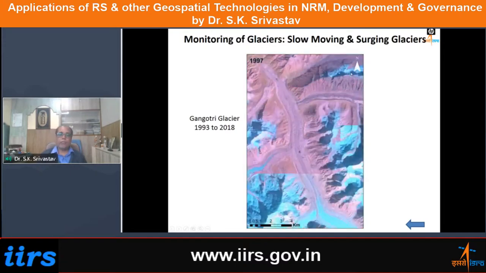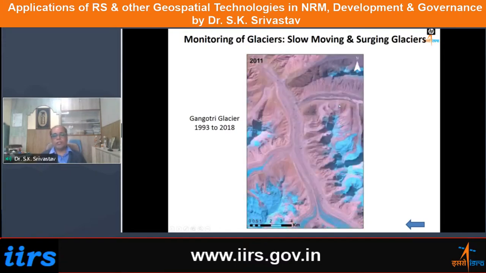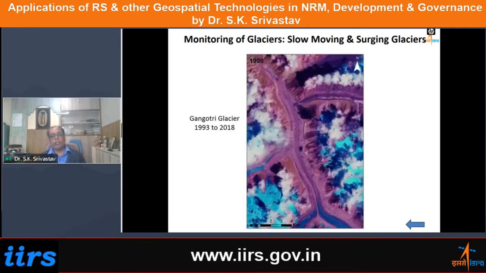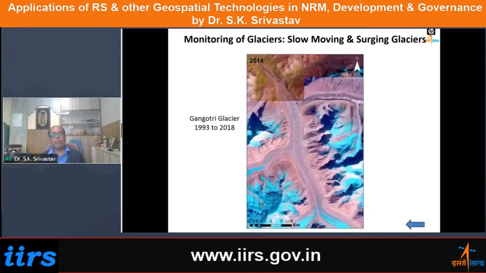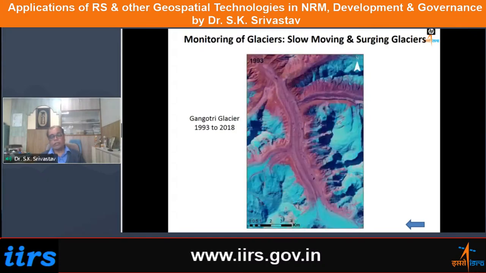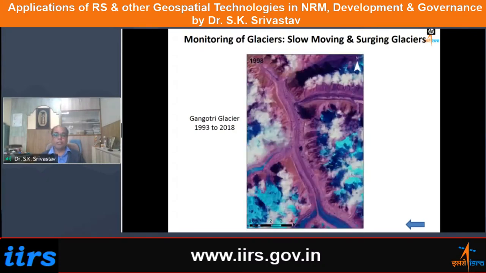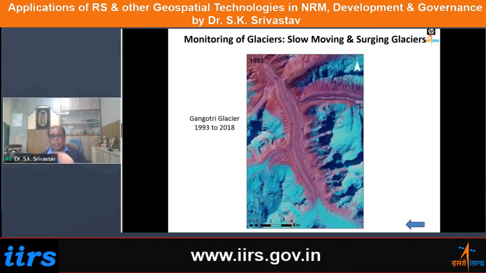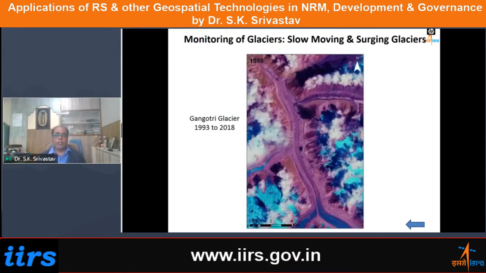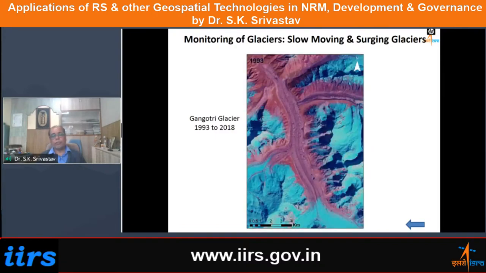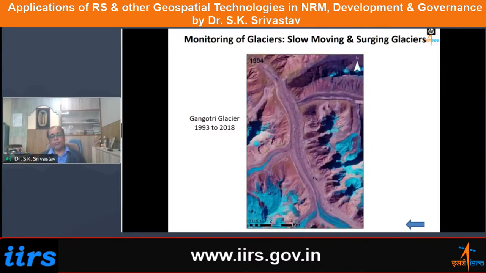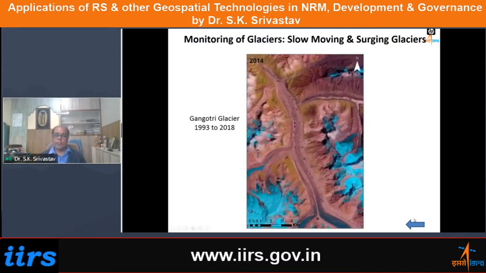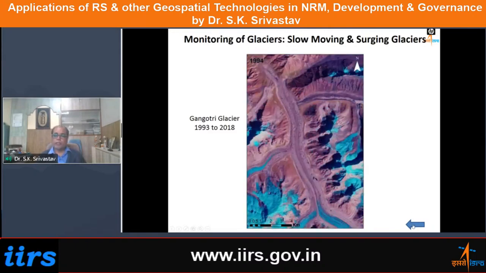So this kind of animation one can these days create and use for glaciological studies or cryosphere related studies. And today you have the satellite images available from synthetic aperture radar data sets, and using the technique called differential SAR interferometry, one can also estimate very precisely the velocity of the glaciers using the SAR data sets.